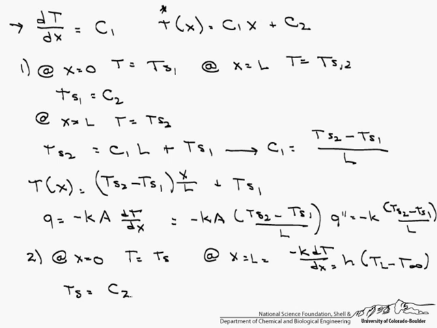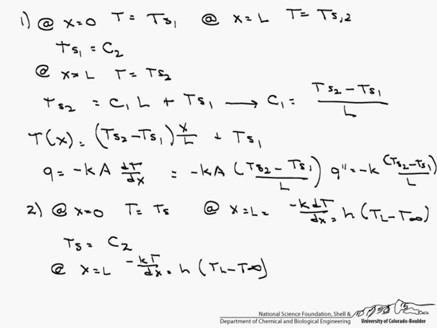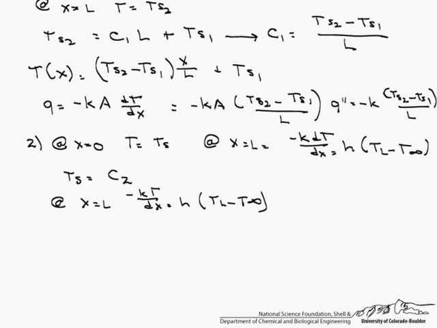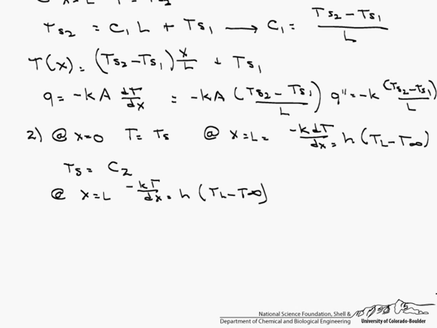Now we look at our second boundary condition. At x equals L, again, minus k dT dx equals h times T of L minus T infinity. Let's put that back into our T of x equation. We know, again, that dT dx, as we found before, is going to equal C1.